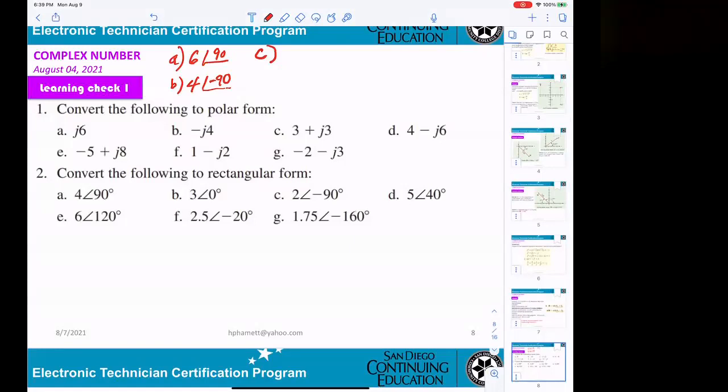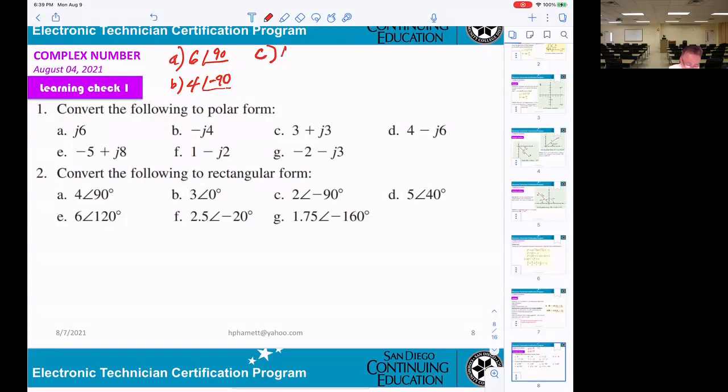Okay, the answer will be 4.24. D. Yeah, you guys are doing very good.